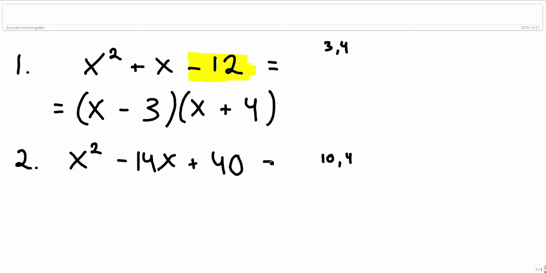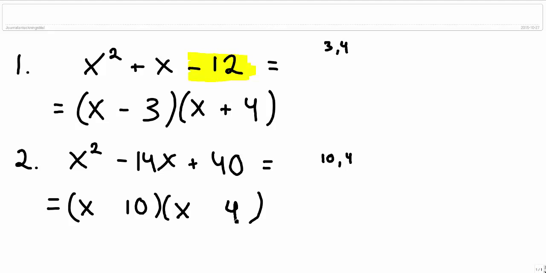This is going to be equal to, and then I'm just going to write the brackets, and then since we have a positive x squared term, we have x and x, of course. So x times x is x squared. And then I'm just going to write 10, and then 4.